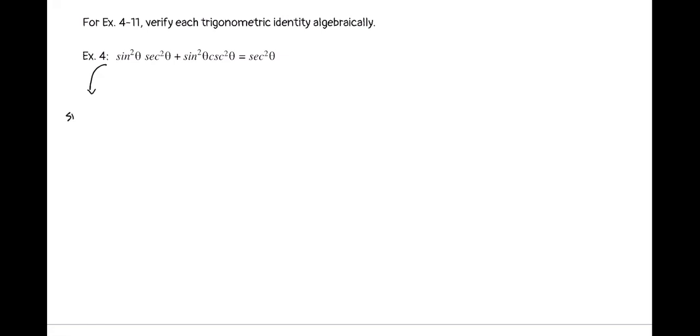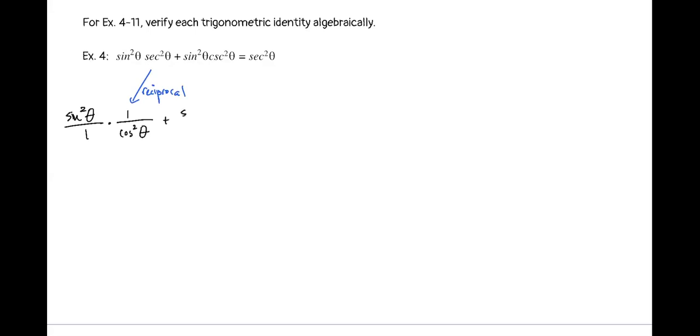So the sine squared is going to stay, maybe put it over 1 because I'm going to be working with some fractions, times, how do I write secant squared in terms of sine or cosine? Yeah, so we have 1 over cosine squared. So far we've got the reciprocal.